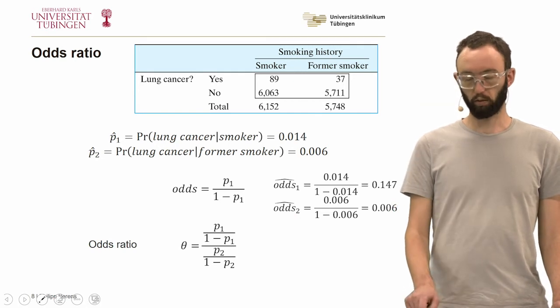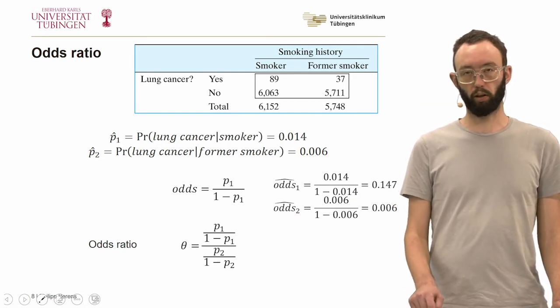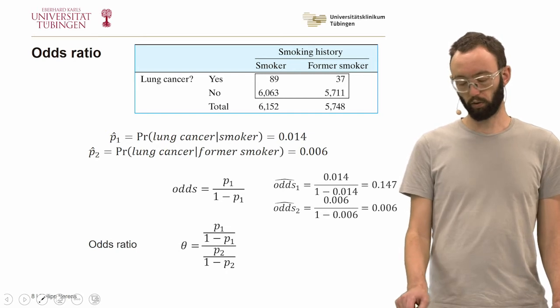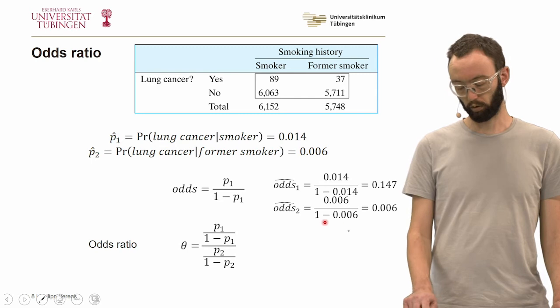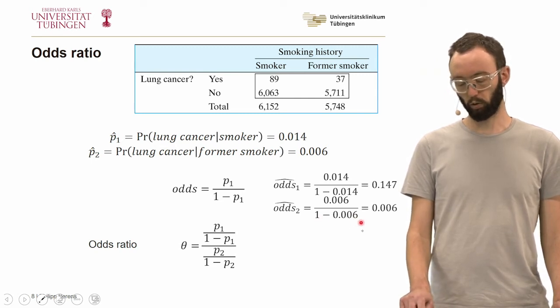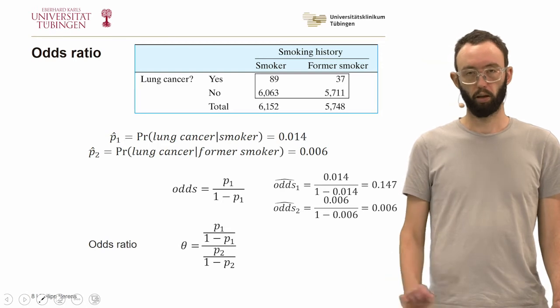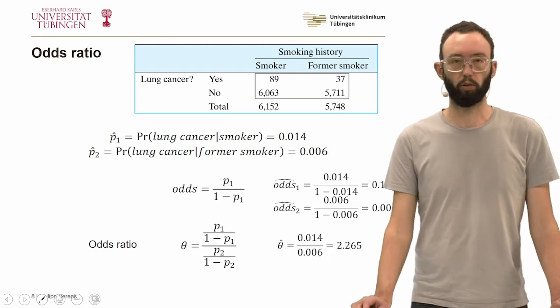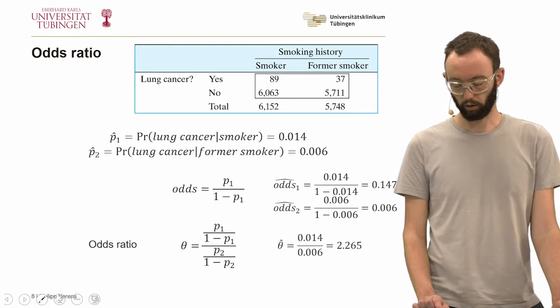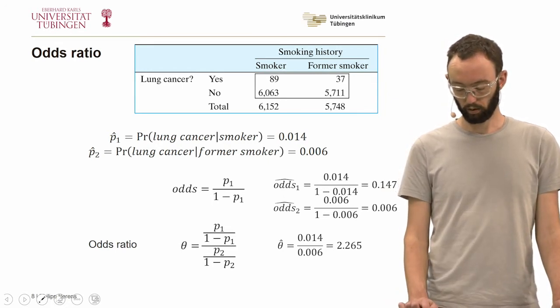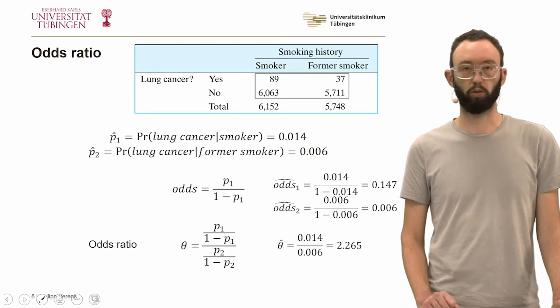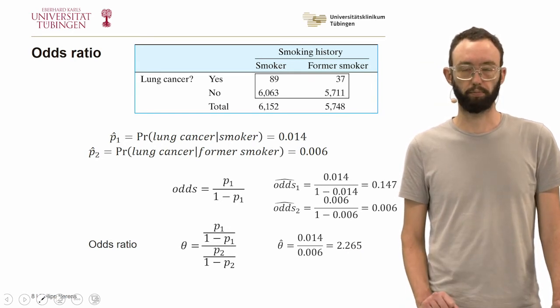You can see that the smaller the probabilities get, the closer the odds get to the probabilities themselves, because the denominator here gets closer to 1. Then in this case, the odds ratio is simply the ratio of these two odds, and this is 2.265.